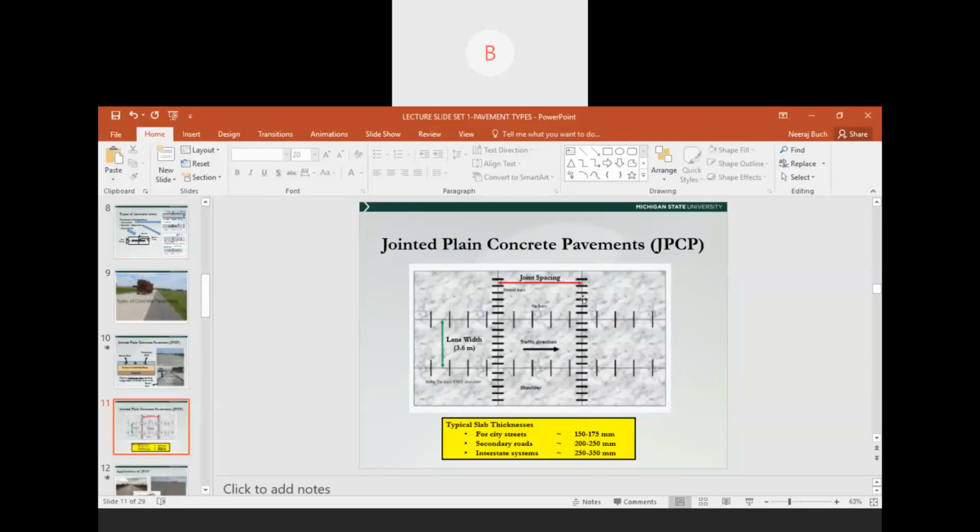And these solid lines that you see are the dowel bars that allow the transfer of deflection from one slab to the other slab. So this gives you a plan view of what a jointed plain concrete pavement would look like.